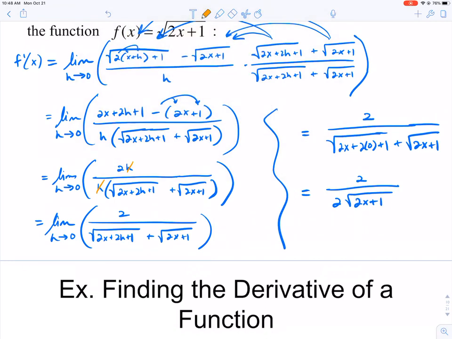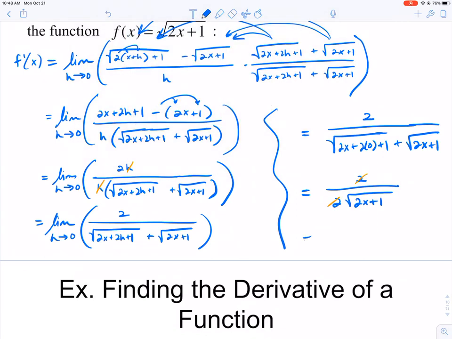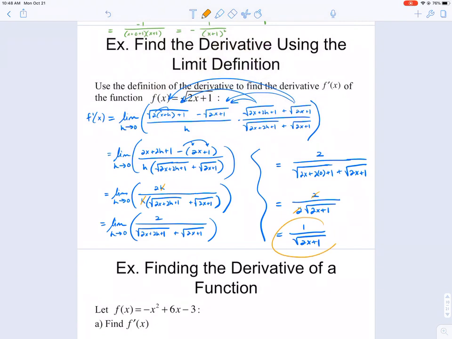But we see we can simplify that further. The 2's will cancel. So the derivative is just going to be 1 over the square root of 2x plus 1. So this is f prime.